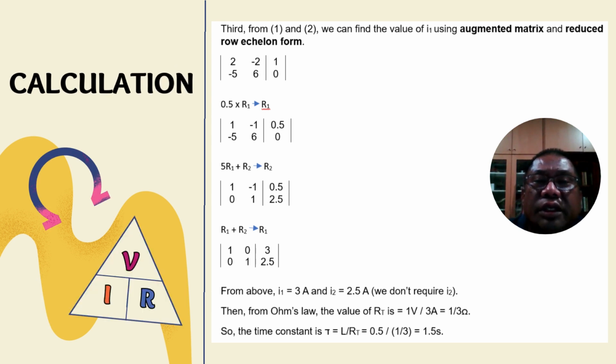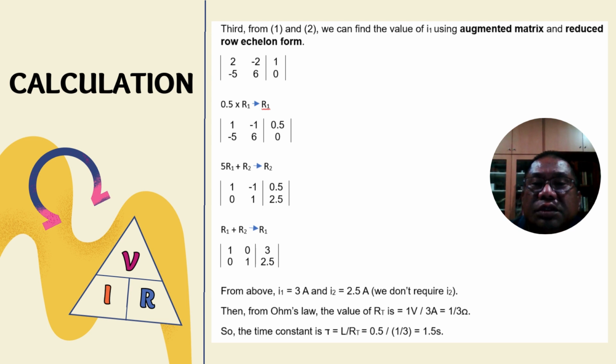Now we already have two linear equations, equation number 1 and equation number 2. So what we can do is form an augmented matrix. You can see below the augmented matrix, which consists of 2, minus 2, minus 5, 6, and 1, 0. There are many methods to solve this problem.